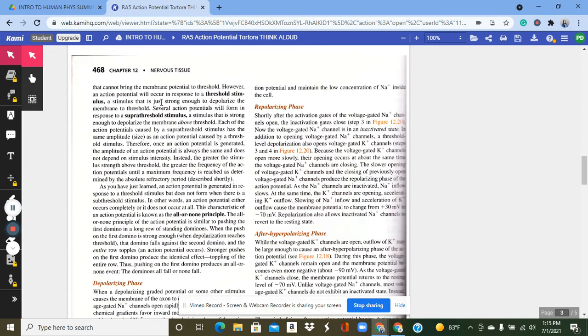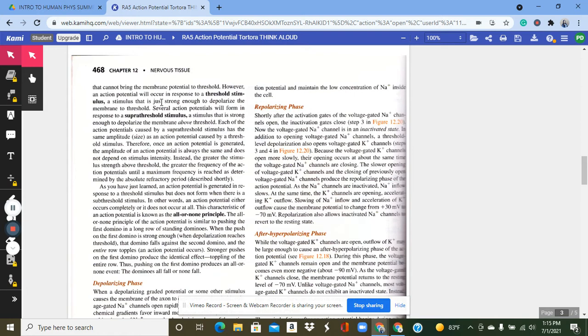Several action potentials will form in response to a supra-threshold stimulus, a stimulus that is strong enough to depolarize the membrane above threshold. Each of the action potentials caused by the supra-threshold stimulus has the same amplitude size as an action potential caused by a threshold stimulus.